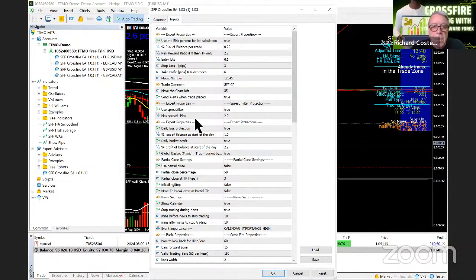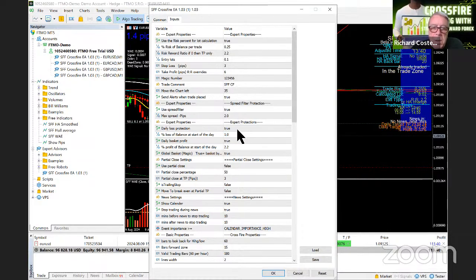So the maximum spread I've got set to 2 pips. Well, maybe you could adjust that to 3, and then you'll get into more trades. But maybe you wouldn't want to get into a trade that would have a 3 pip stop loss. I've been doing okay on 2 pips.